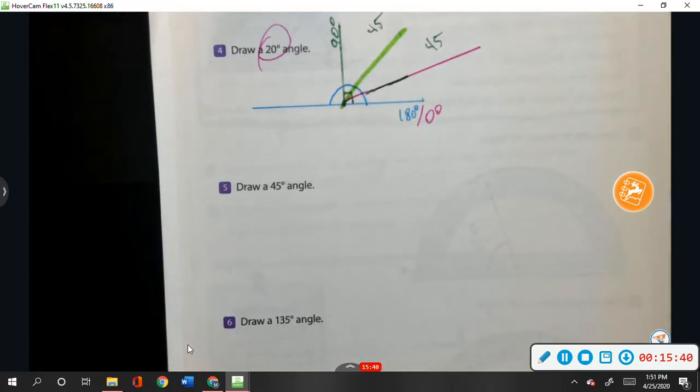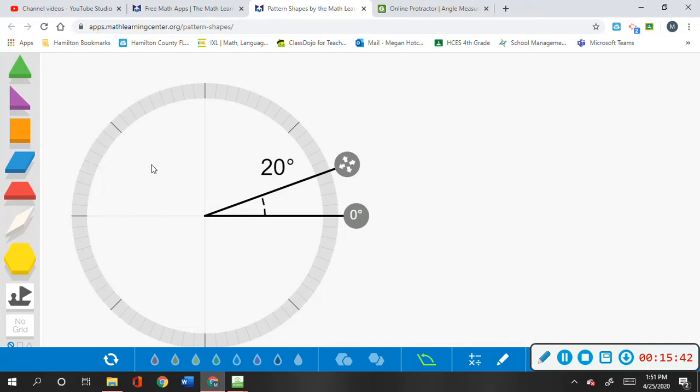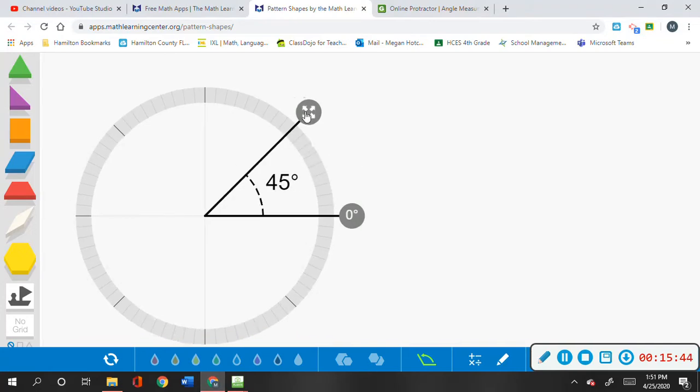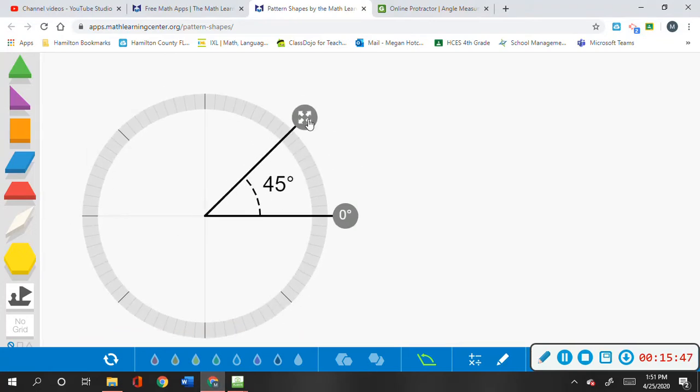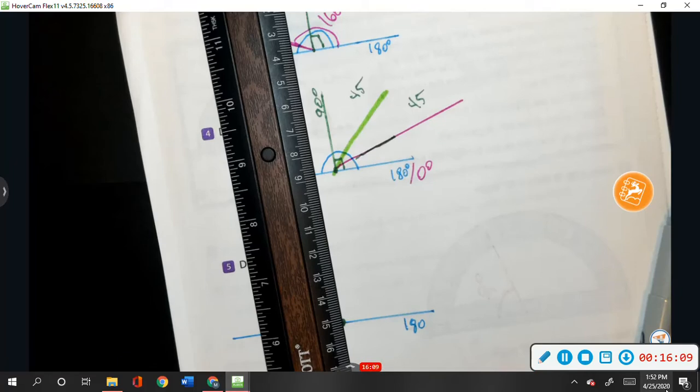Alright, 45 degree angle would look like, there it is. That 45 degree angle is going to be exactly halfway between my 180 degree line and my 90 degrees. So here's our 180. Here's our midpoint. Oops, sorry. I forgot. I gotta click back.